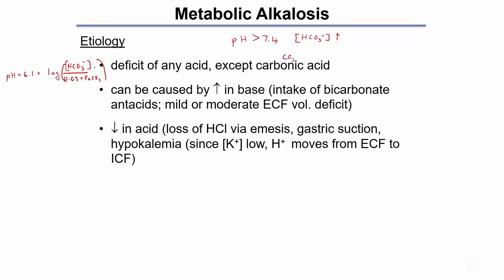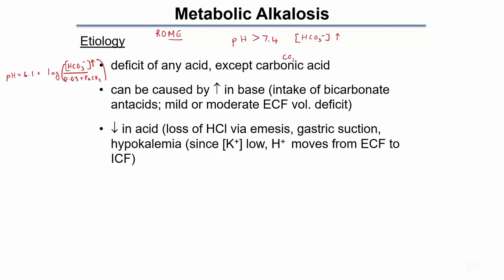Serum bicarbonate levels start increasing. That's the definition. That's the ROME acronym. Metabolic equal: pH goes up, bicarbonate levels go up. In fact, it's because bicarbonate levels go up that pH goes up. This whole factor becomes larger, and pH will go above 7.4.